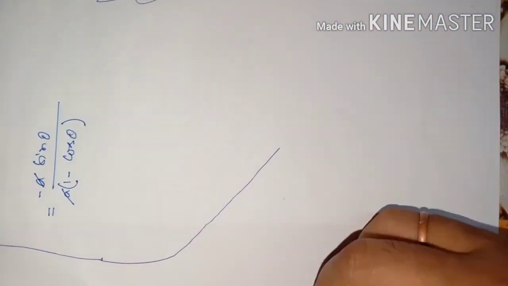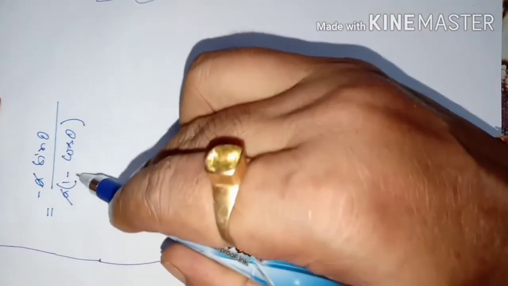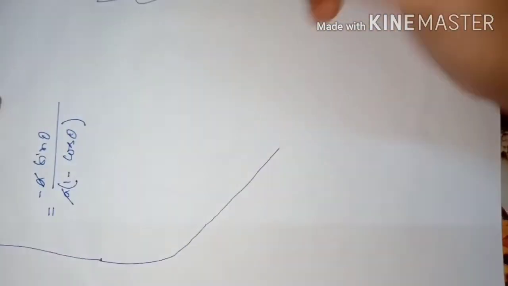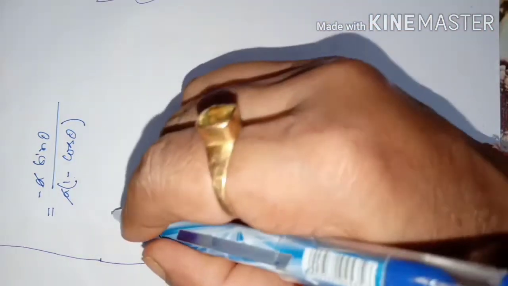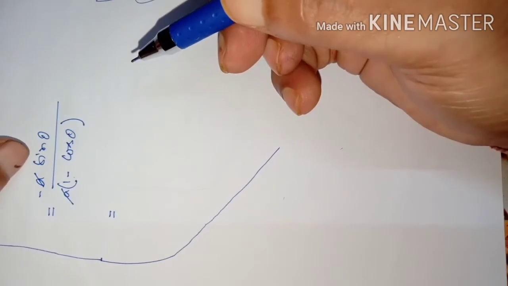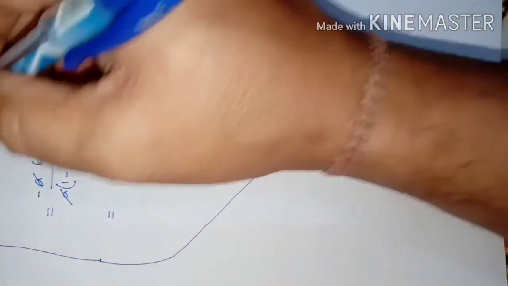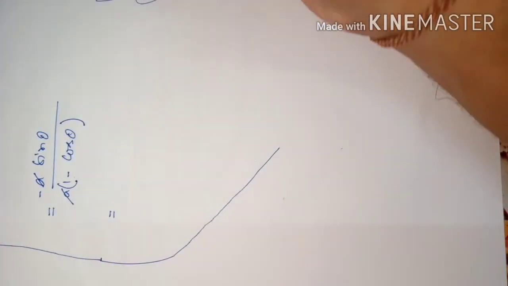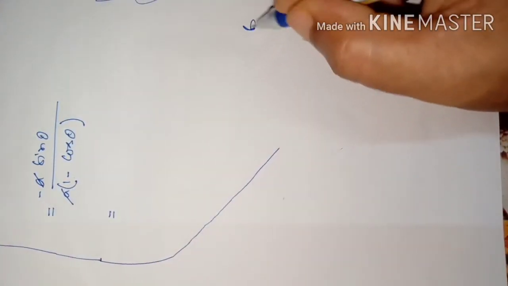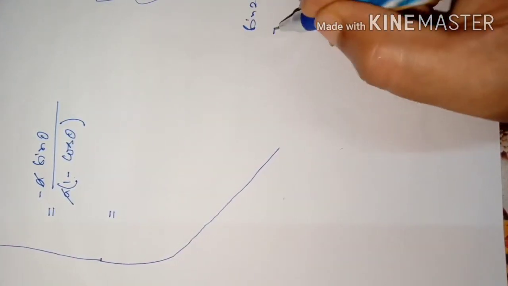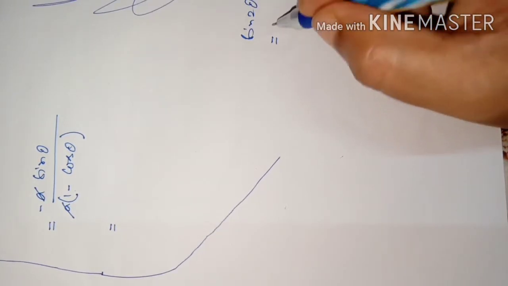Now you see this sin theta by 1 minus cos theta, this can be transformed into a new form if you apply that trigonometric transformation. Like see sin twice theta, you recall sin twice theta is a formula given to us. Sin twice theta is equal to what? Recall, sin twice theta is equal to 2 sin theta cos theta.